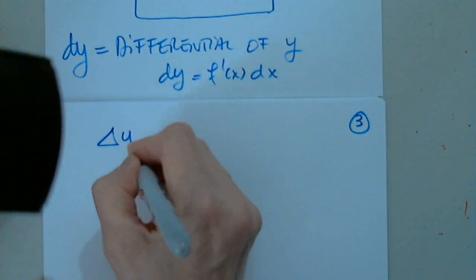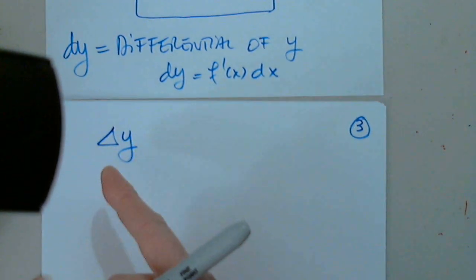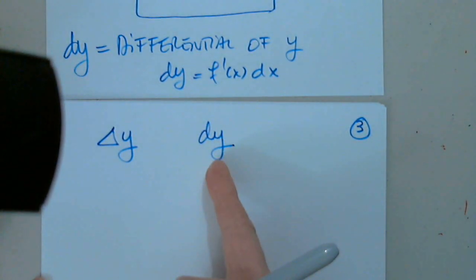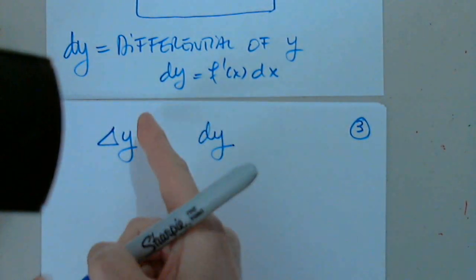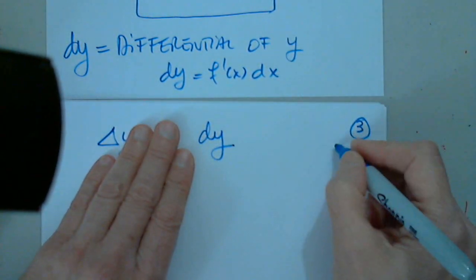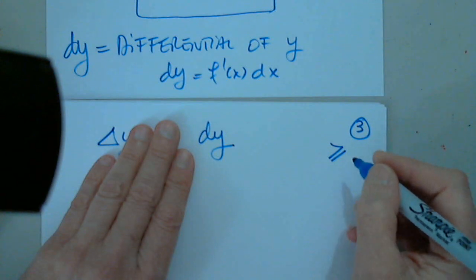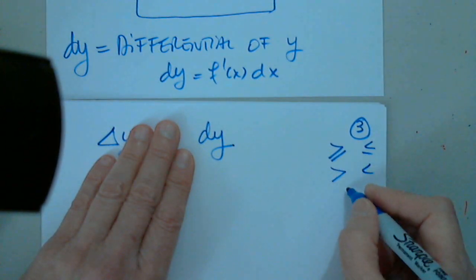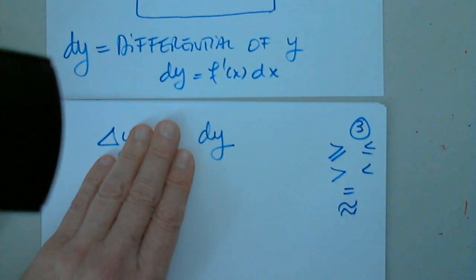So delta y is the exact error. dy is the approximation. What symbol would you put in between these two? What symbols do we have? Greater than or equal to, greater than, less than or equal to, less than, equal symbol, and approximate.